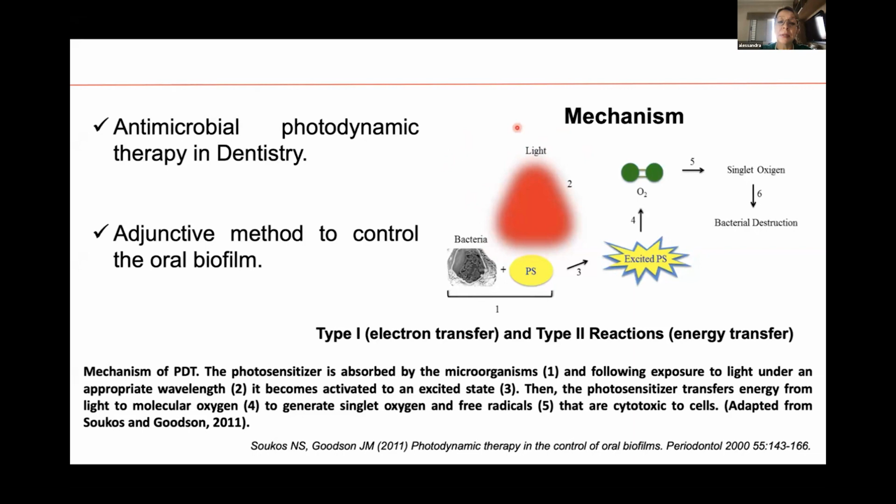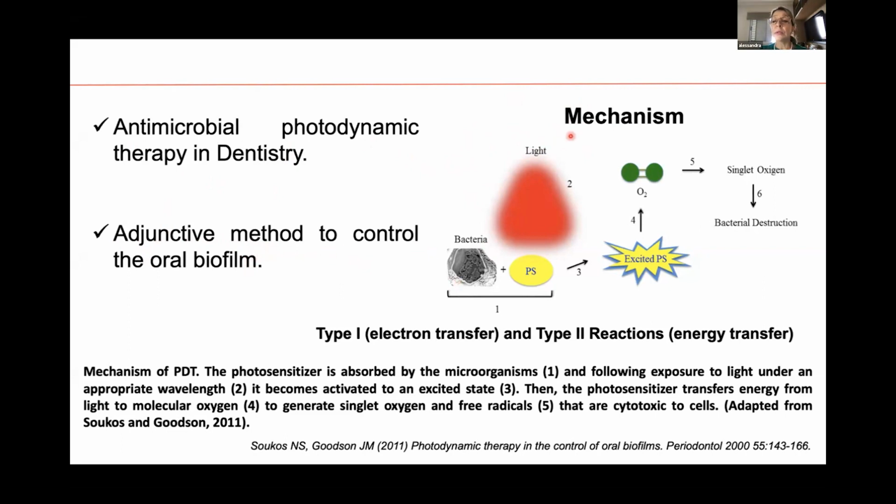After that, many reactions can take place, and then we can kill the oral bacteria. Antimicrobial photodynamic therapy has been described as an adjunctive method to control the oral biofilm.